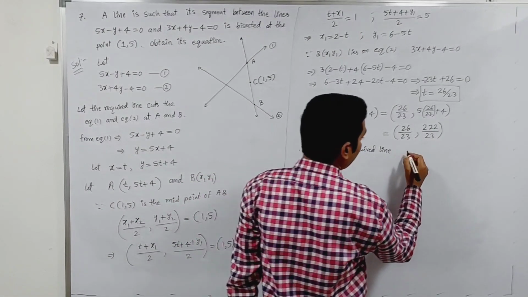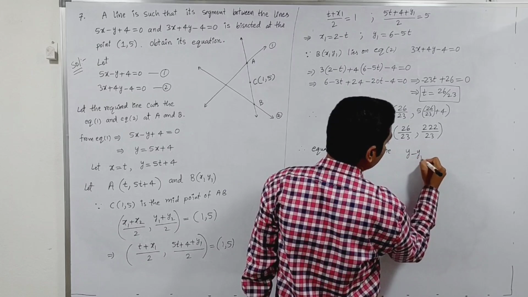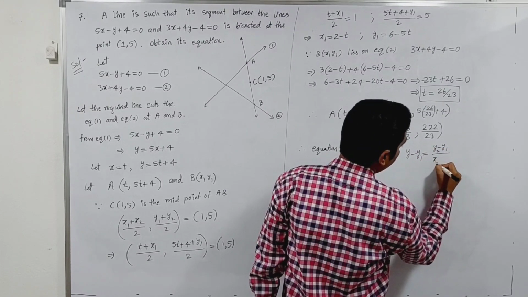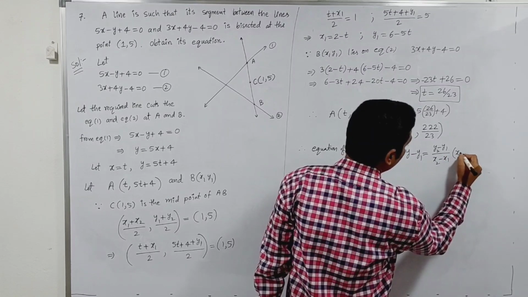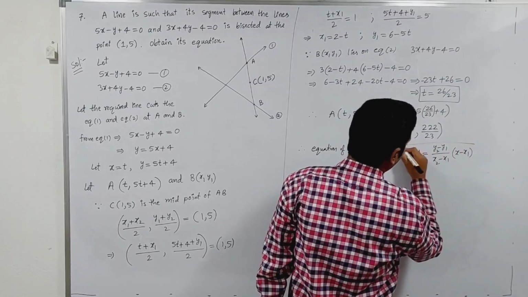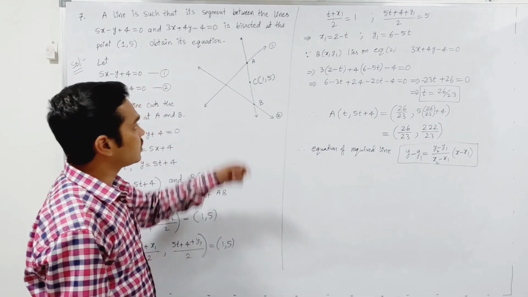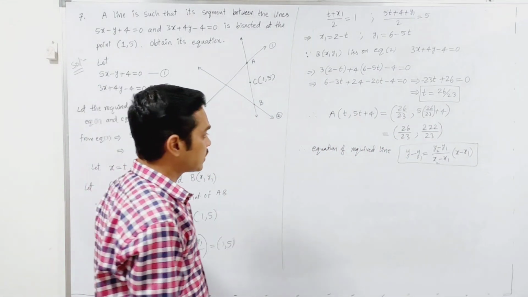Equation of the required line: y minus y1 is equal to (y2 minus y1)/(x2 minus x1) of (x minus x1). By using this formula, we can get the equation of AB. Equation of AC is nothing but equation of AB, both are the same.